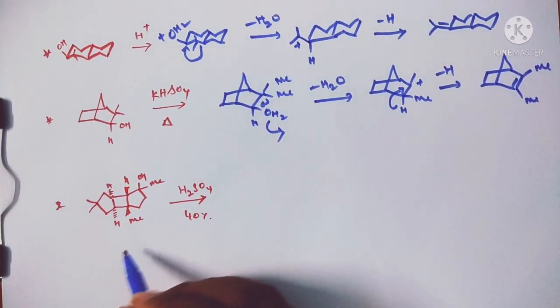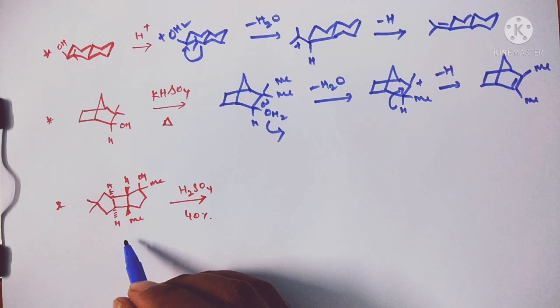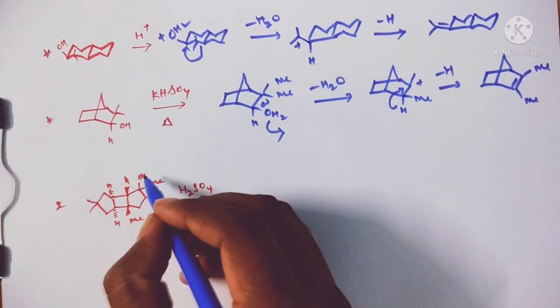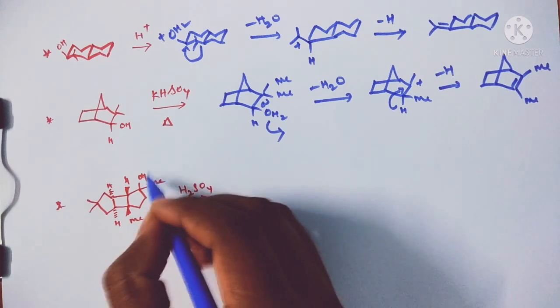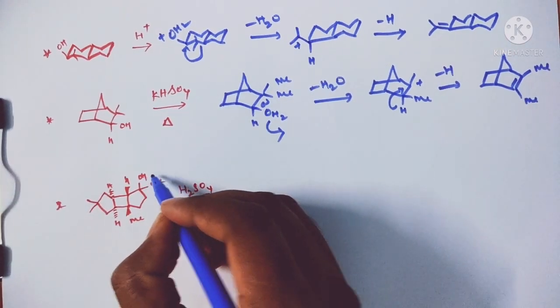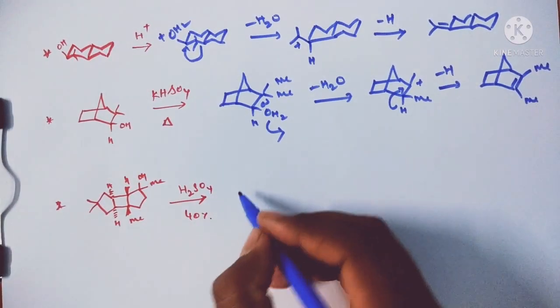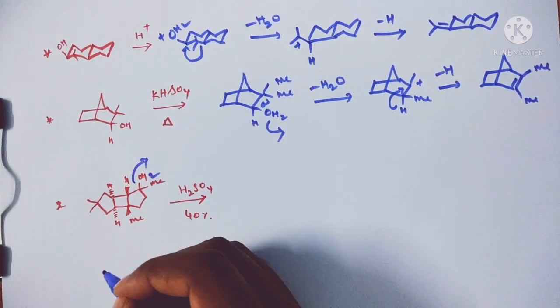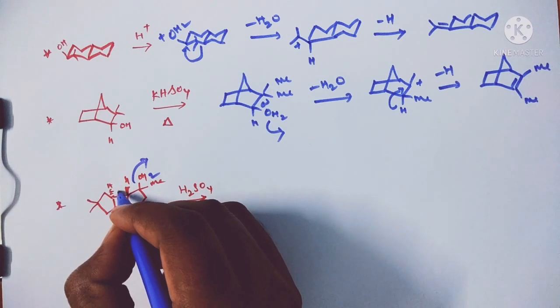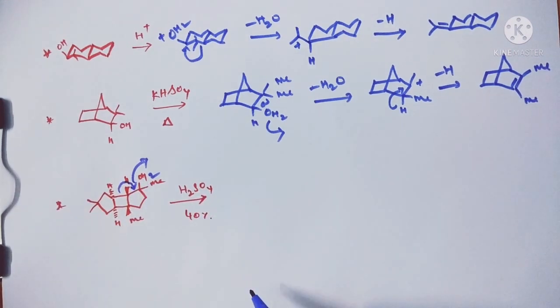Let's have this one, the same way. This forms the oxonium ion. This eliminates, and this methyl group migrates to here.